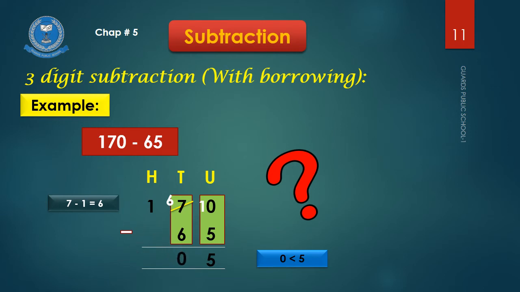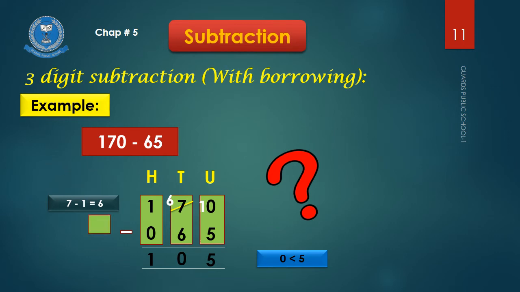And now we have 1 in the hundreds column. But in the hundreds column, there is no number below the 1. So for that, we can imagine a 0 there.